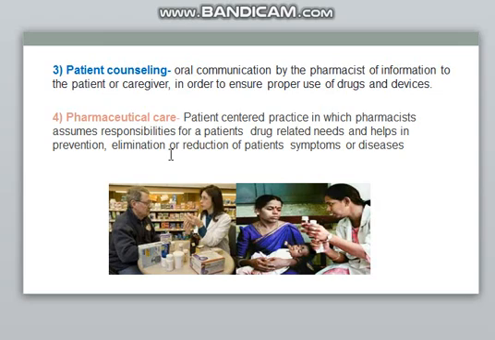Patient counseling is most important before the diagnosis and after the diagnosis of the disease. After diagnosis, you have to communicate to the patient about the disease that has occurred and the medicines being given: how to take the drug, when to take the drug, how much to take, and the route of the drug.